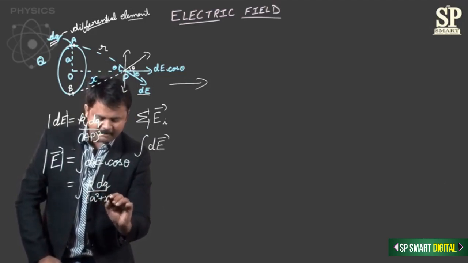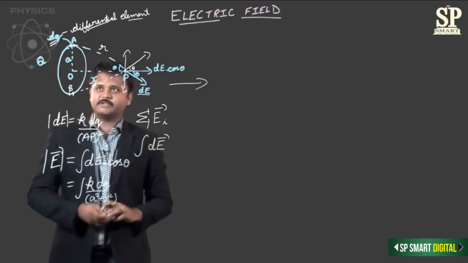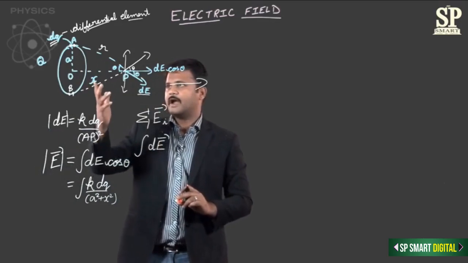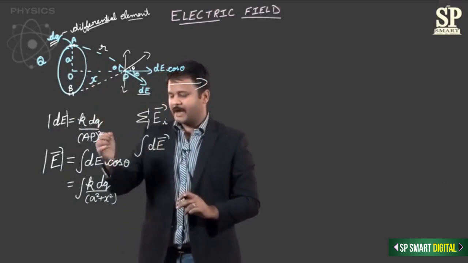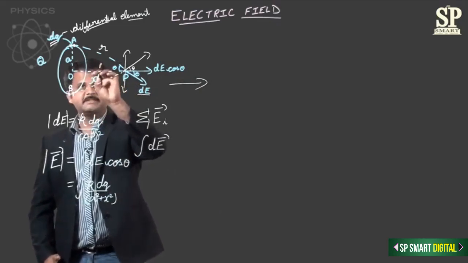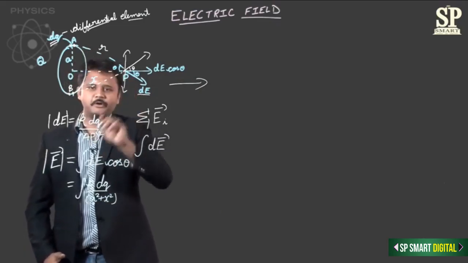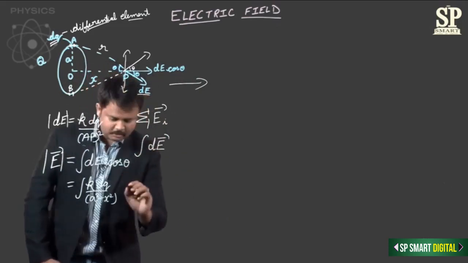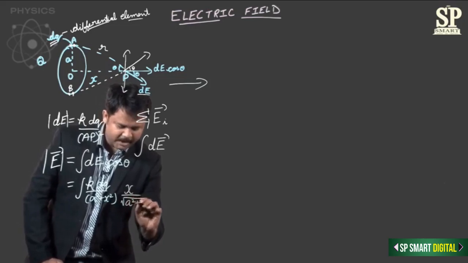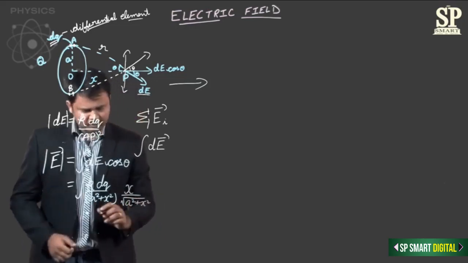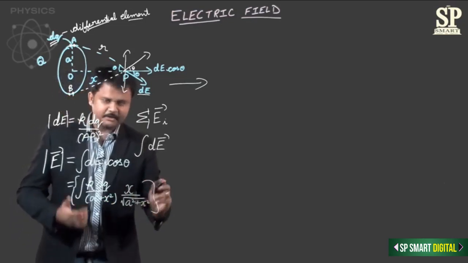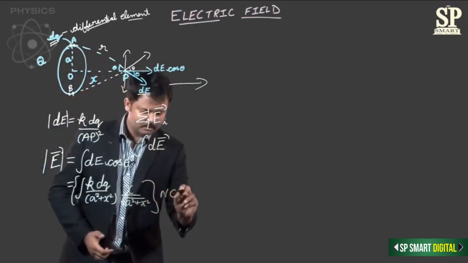So I have a square plus x square here, and then cos theta I can write in terms of a and r, and r I'll write in terms of x and a also. So cos theta is x, which is the base, upon hypotenuse, which is under root of a square plus x square. This gives me x upon under root of a square plus x square. So this finishes the formula, and I can finally write the units, newtons per coulomb.